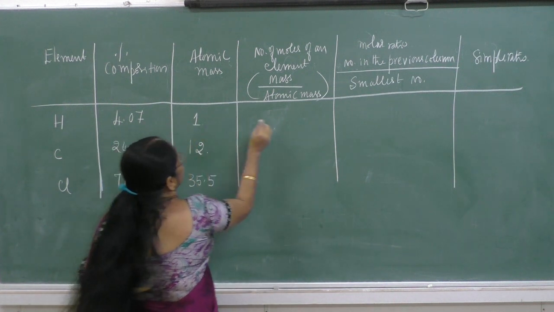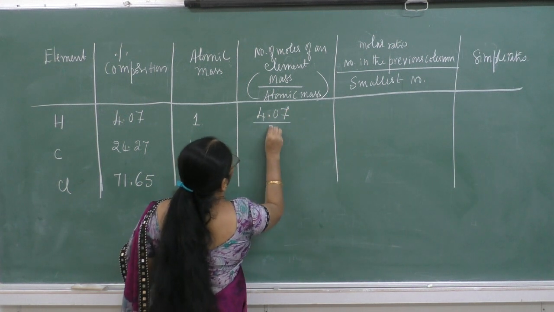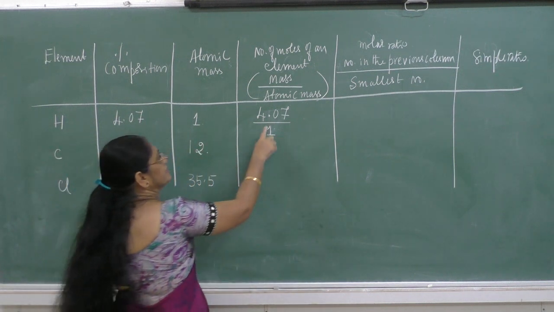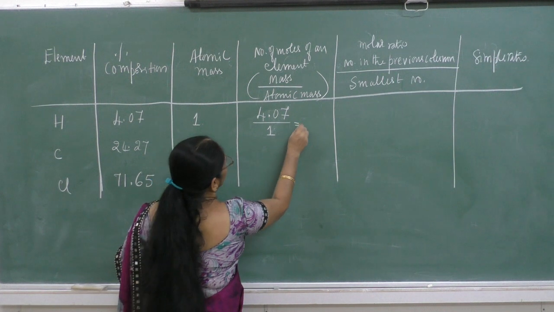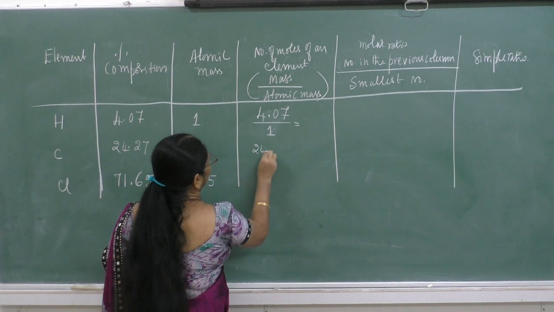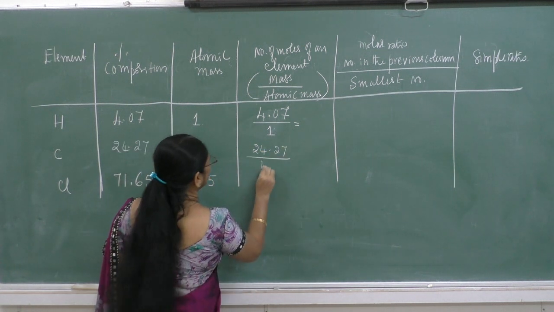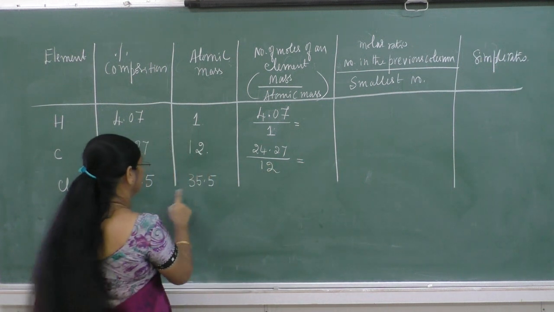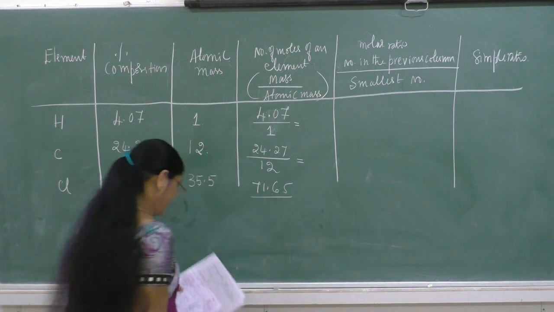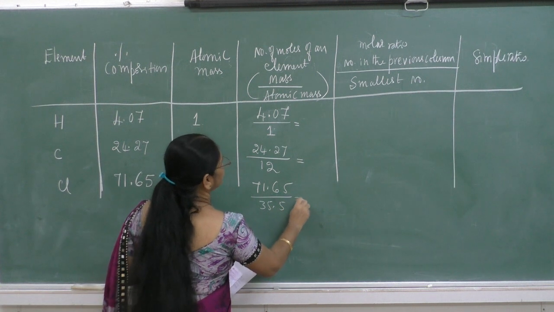So 4.07 divided by 1, then 24.27 divided by 12, then 71.65 divided by 35.5.